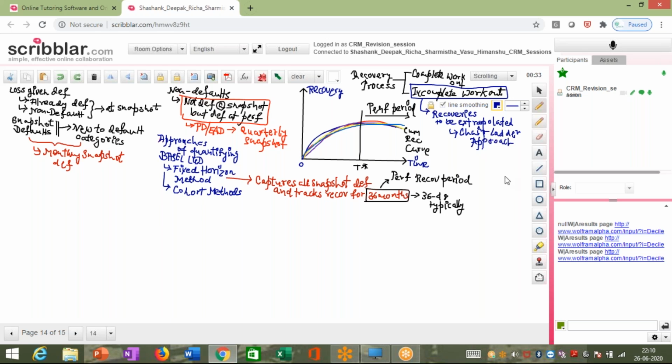Okay. Now the second method that I have over here is the cohort method. Now the cohort method is for the set of non-defaults. So the accounts which have not defaulted, right? So the cohort method is for them.